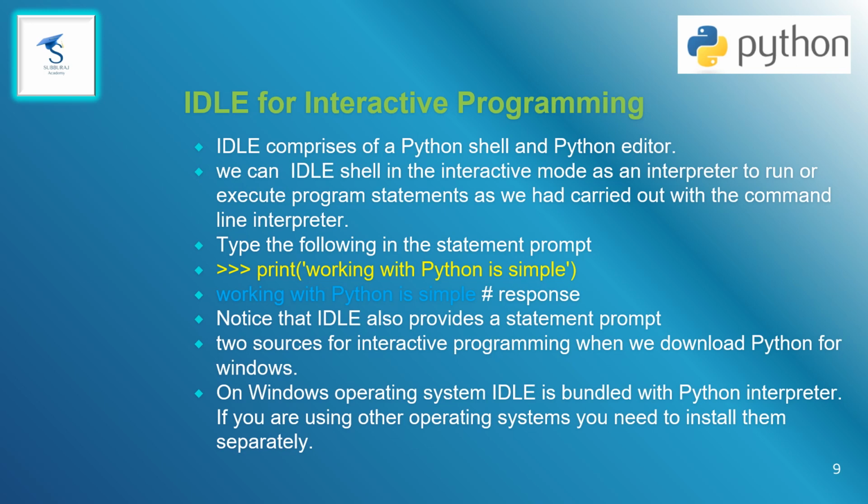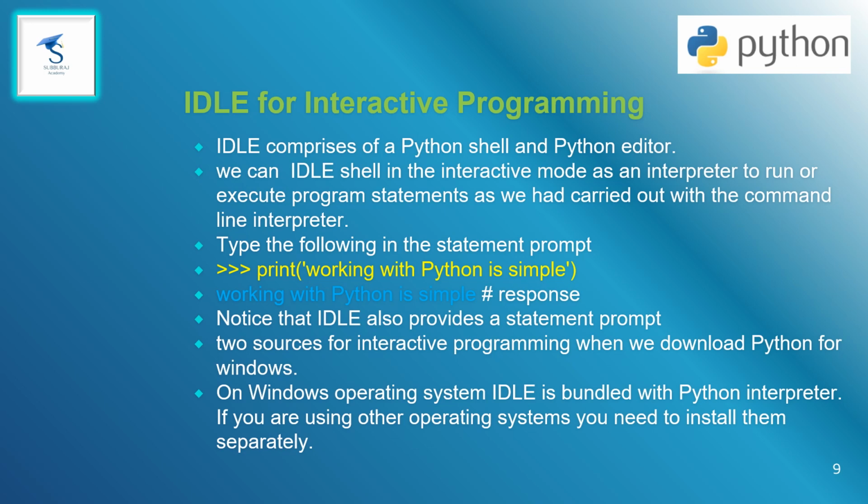Notice that IDLE also provides a statement prompt. So both IDLE and the Python shell provide you with the statement prompt. Thus you have got two sources for interactive programming. What is interactive programming? You type something and see the result immediately. One is the Python shell, the other is IDLE.